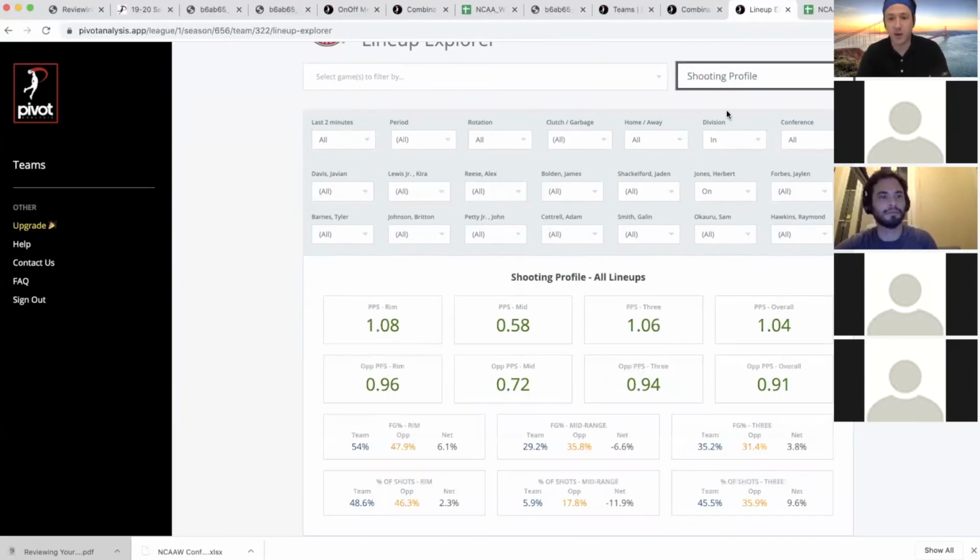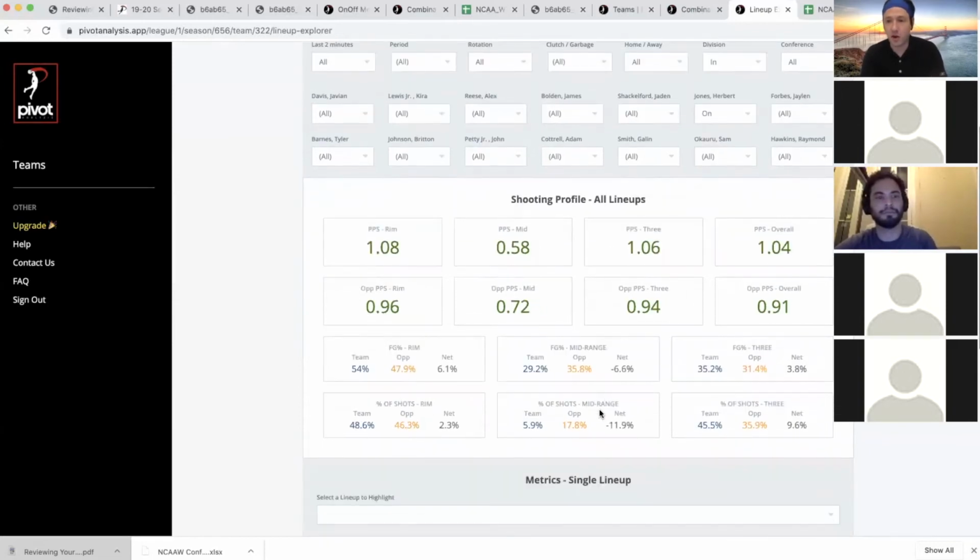So the shooting profile that I mentioned before was breaking down every shot by this bucket. So this is a good way to understand offensive strategy more or less. I mean, there's obviously a lot more nuance to it, but taking shots at the rim, taking shots not at the rim, taking shots from 3 provides a really good framework for understanding how efficient an offense is and how efficient they are in these locations.